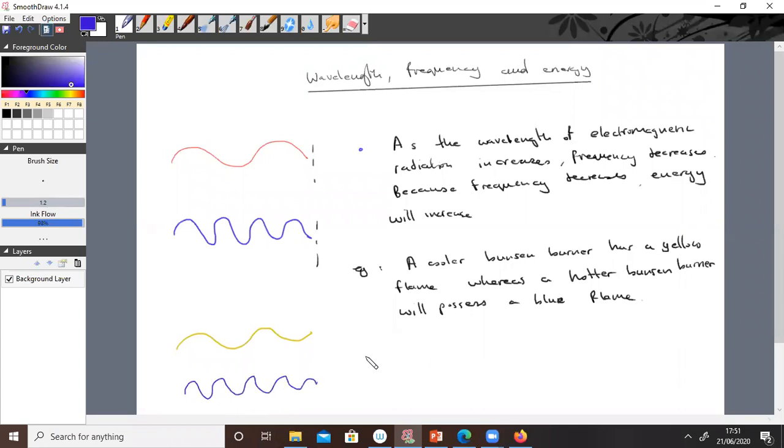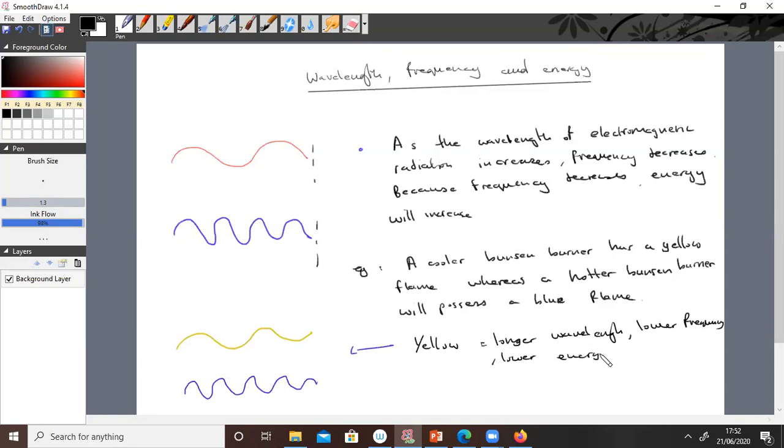So we can say here, let's write in black so you don't get confused: yellow equals longer wavelength, lower frequency, which means lower energy. So the flame is not going to be as hot.